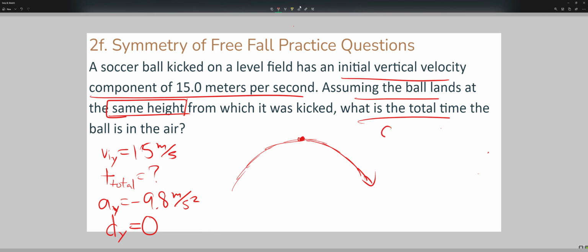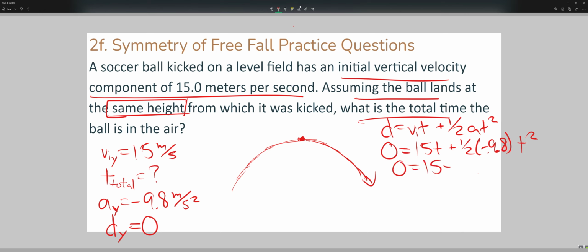And then the formula we would use to solve for this equation is this one, right? So d would be 0, vi would be 15 t, 1/2 negative 9.8 t squared. And then let's just solve everything, right? So minus 4.9 t squared, minus 15t on both sides.